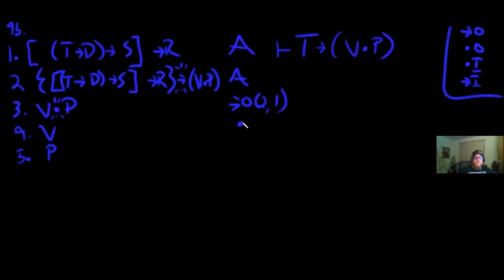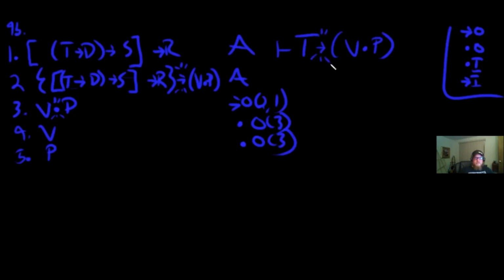V, P. That's and out on line 3, and that's also and out on line 3. All right, then we want to get T arrow V and P. Can we do another arrow out? Nope, they've all been done. Can't break any more dots apart. Any ands to put together? Doesn't seem like it. So what do we do?